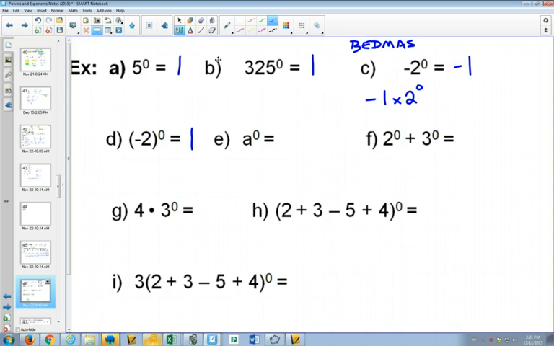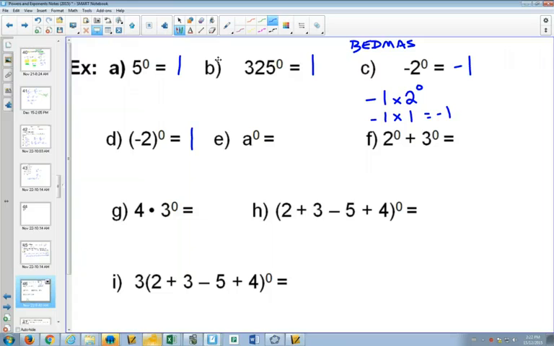So if we're thinking of this as negative 2 to the 0 and there's no brackets, it means negative 1 times 2 to the 0. Order of operations says we need to do the exponent first. The exponent is 2 to the 0. 2 to the 0 is 1. Then we have negative 1 times 1, which is equal to negative 1.